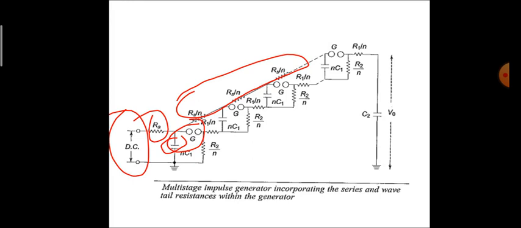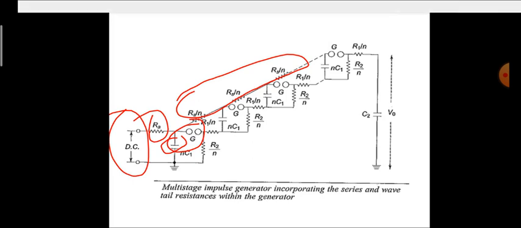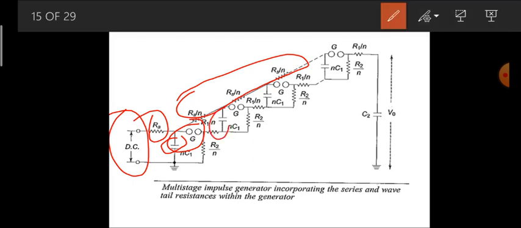We'll go back to the configuration of capacitors and sphere gaps. Here you can see the capacitors are arranged one above the other, with all sphere gaps aligned. These spark gaps can also be called sphere gaps, so I can use these words in place of each other.